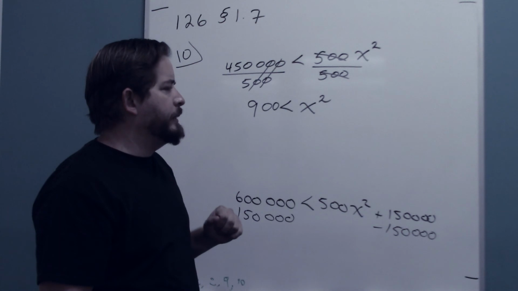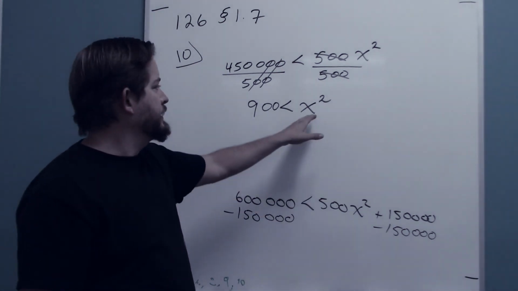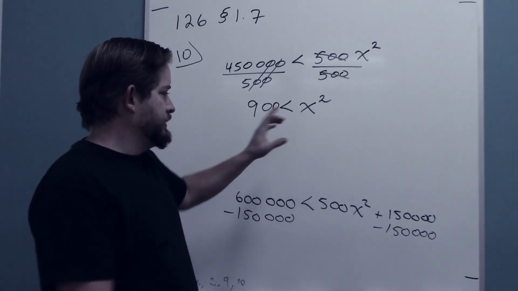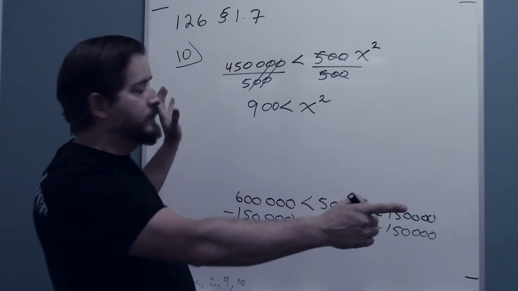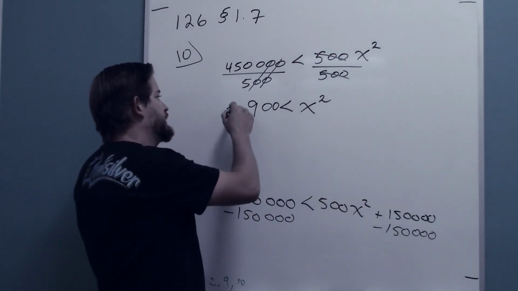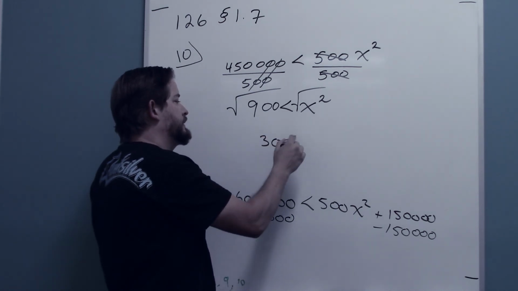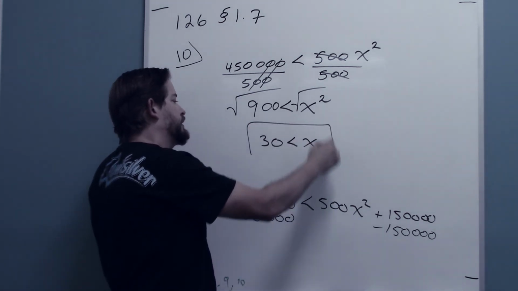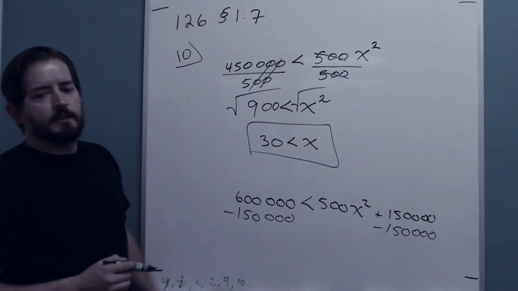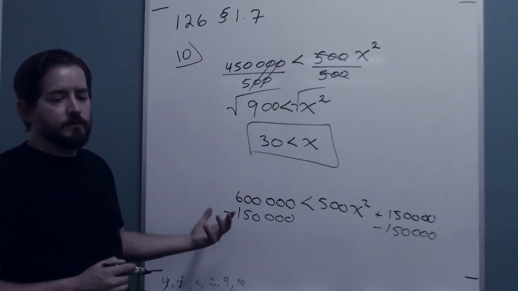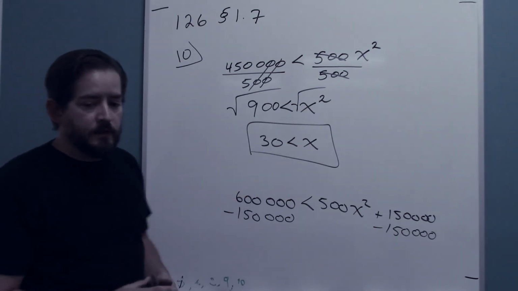So I don't have to worry about negatives here. I don't have to worry about the fact that this is a two-sided interval. All I have to do is take the square root here and say, because it's a real-world value problem, I only have to worry about that one side. X has to be greater than 30, and so the distance is greater than 30.